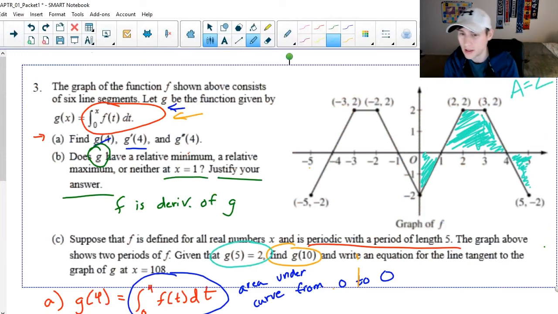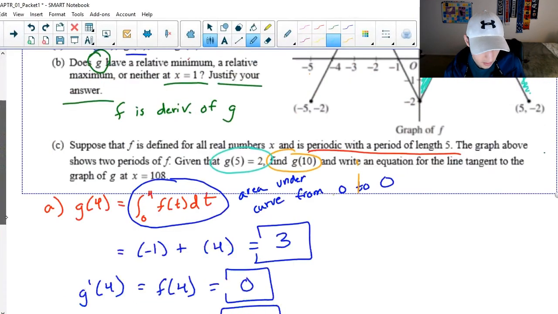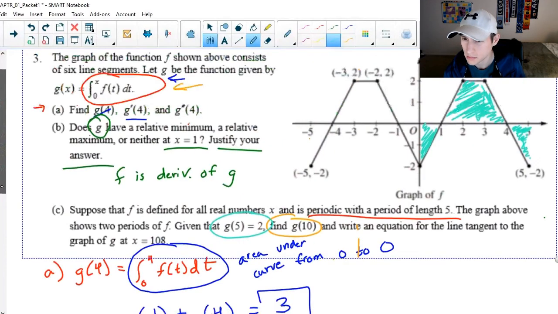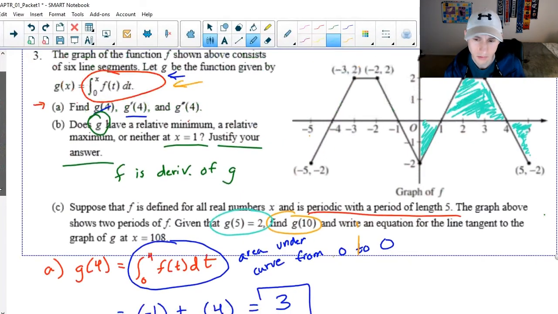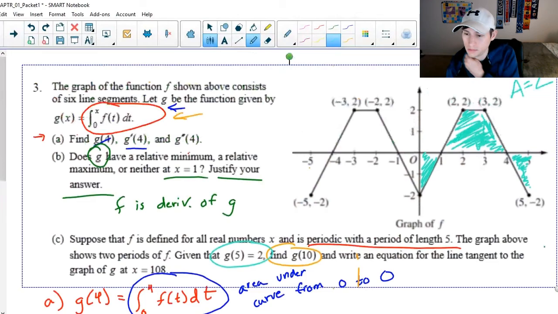So it tells us that area that I just shaded is all 2. Now we found those areas as well, or at least parts of them. In part A, we found part of the area from 0 to 4. So now from 0 to 5, it tells me the area is 2.